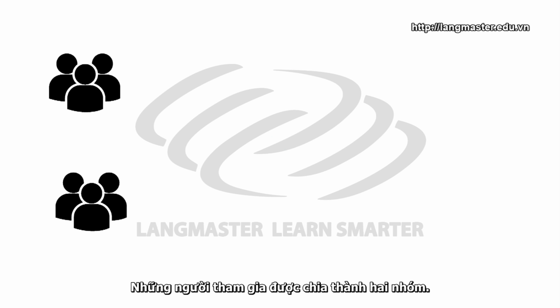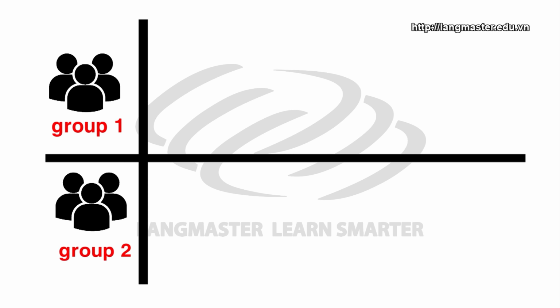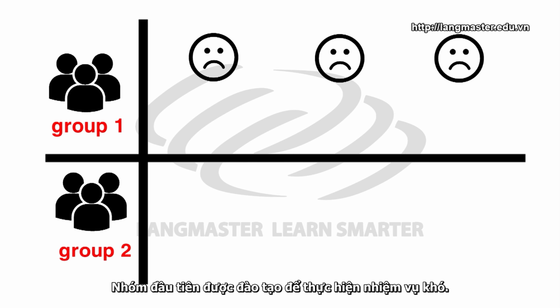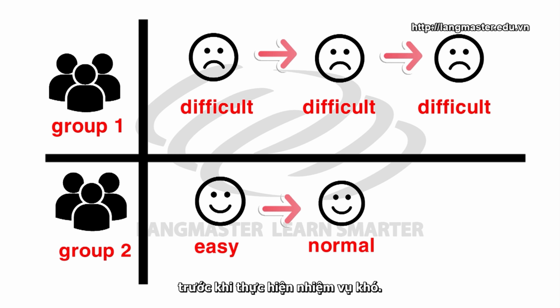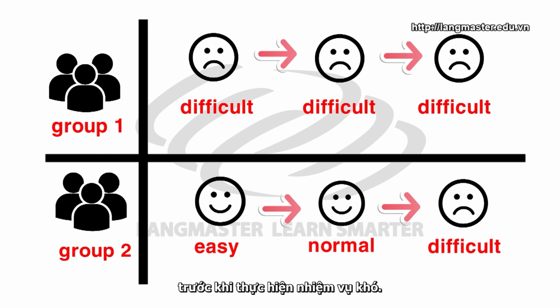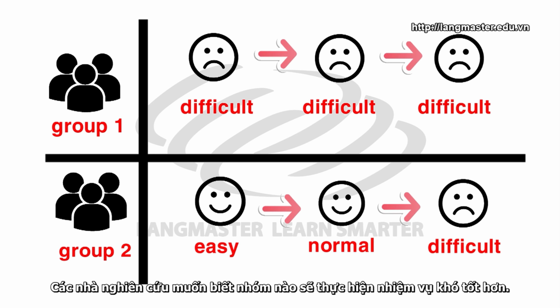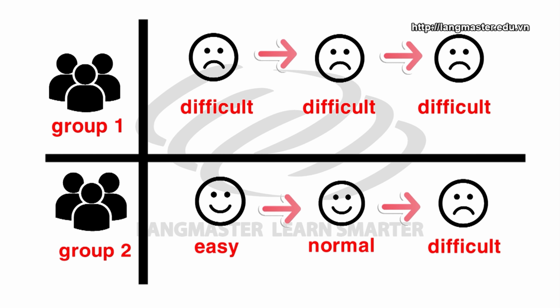The participants were divided into 2 groups. The first group was trained to perform only the difficult version of that task. The second group, however, started with the easy and normal versions first before performing the difficult version. The researchers wanted to know which group would perform the difficult version better.